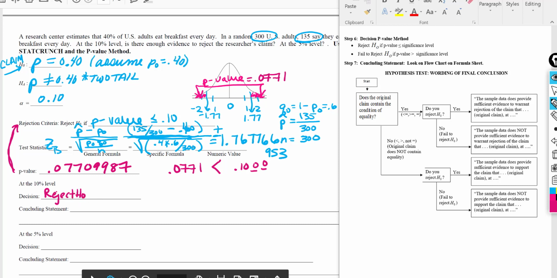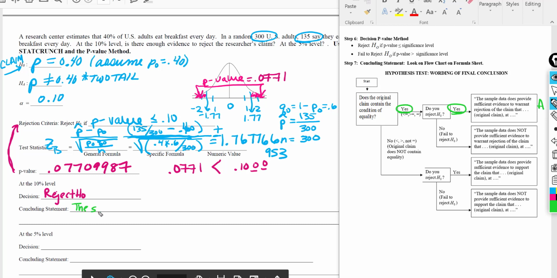Now, our concluding statement. Our concluding statement, we have to look through these different options. So, does the original claim contain the condition of equality? Our answer is yes. Next, do we reject the claim? Our answer again is yes. So, our option is going to be option A. So, our sentence should look like this.